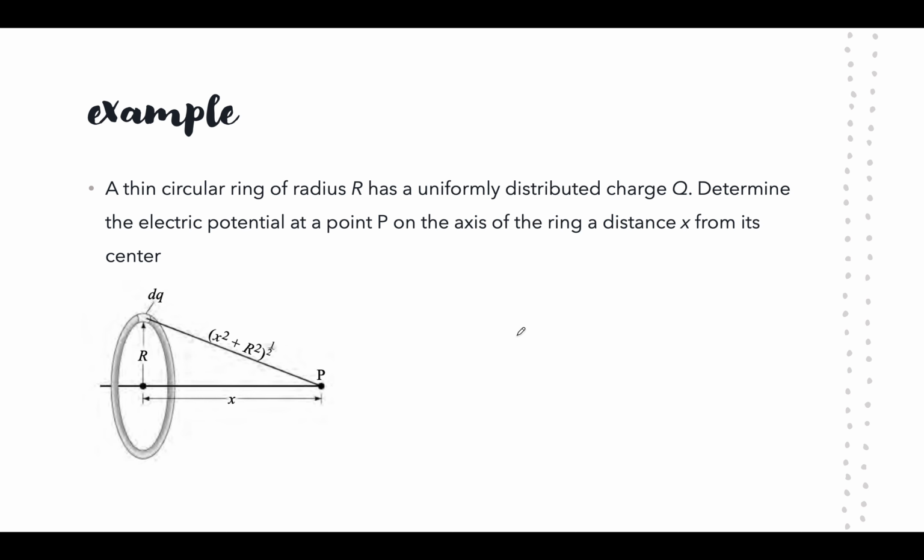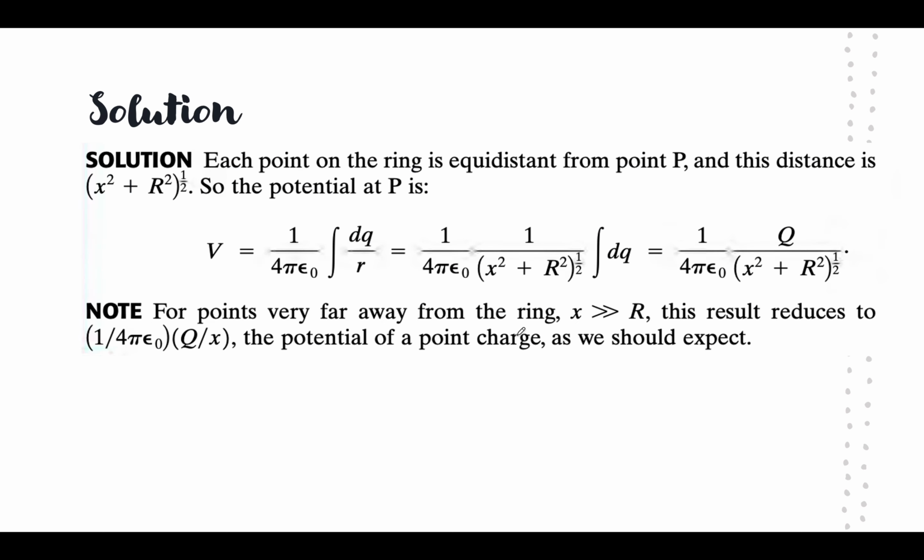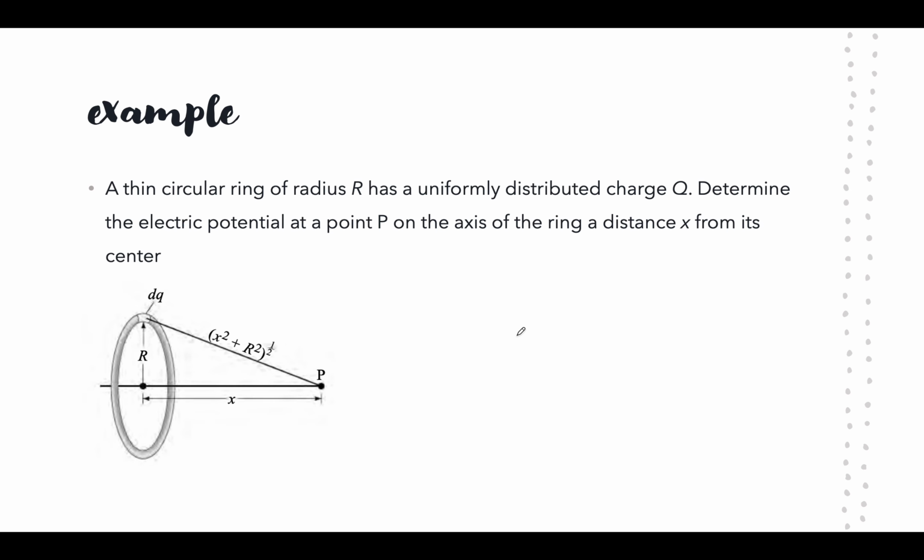So we just have to find out our potential due to each charge differential. Just to recap what we just saw, we know that potential is going to be equal to the integral of k dq over r.